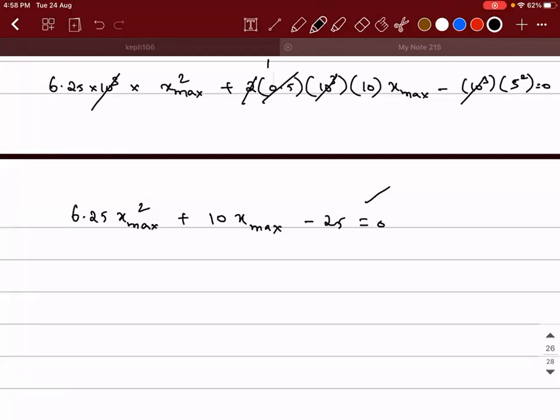Other objects will also have elastic potential energy, which is half k x max square. It is because of the spring constant. A spring has an energy associated with it called potential energy. What potential energy does a spring possess? It's called elastic potential energy.